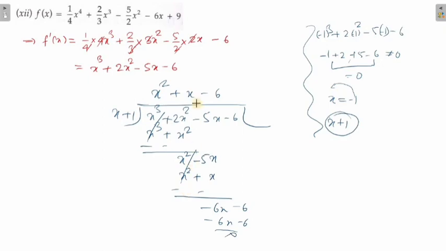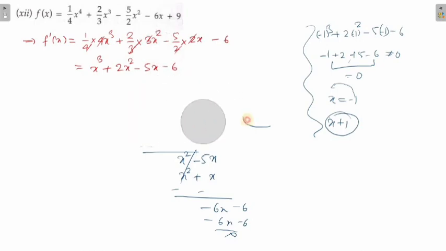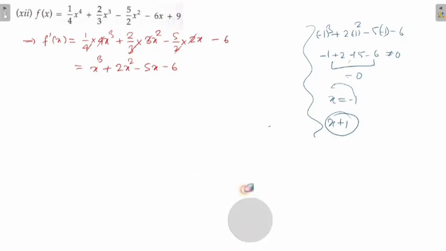When you divide this by this, you get this much. Or in other words, if you multiply these two, you will get this one. Is that clear? This part you have to do in rough, as I said. So let me write it here, that this is x plus 1 into x square plus x minus 6. I hope this is clear to you.